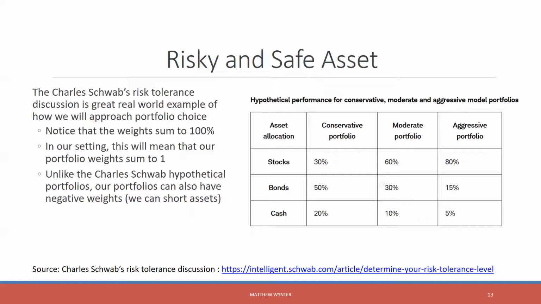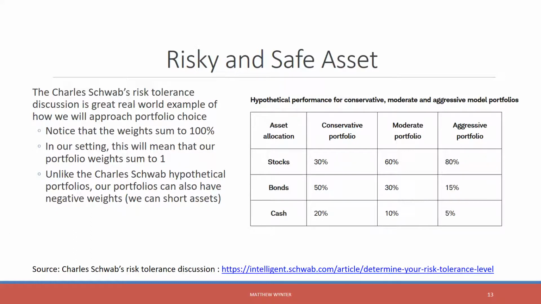So the aggressive portfolio is tilted towards stocks, barely holds bonds, and very little cash. On the other extreme, the conservative portfolio is mostly holding bonds, then pretty comparable levels of stock and cash.